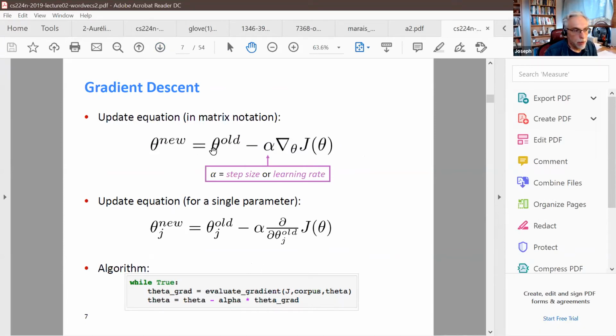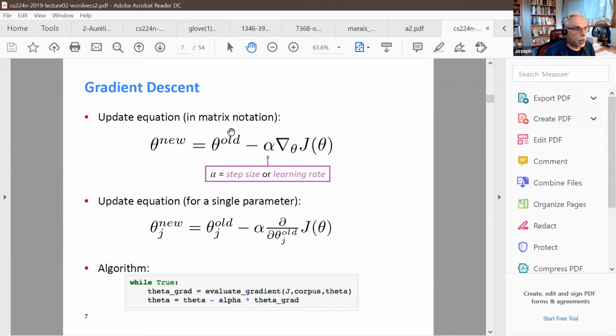You have a vector and you want to update that vector by subtracting from it the step size times the gradient, or adding to it the step size times the negative gradient of the loss function with respect to that parameter. So that's how you would update each parameter. This is the update in matrix notation, where theta would be a column vector of weights.